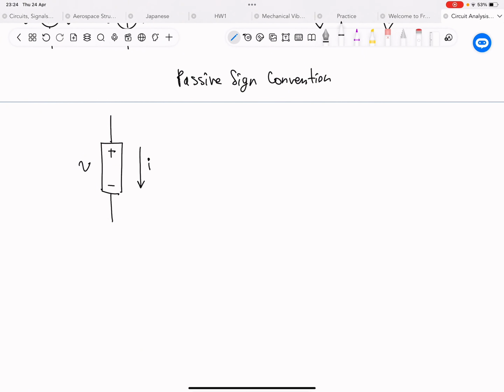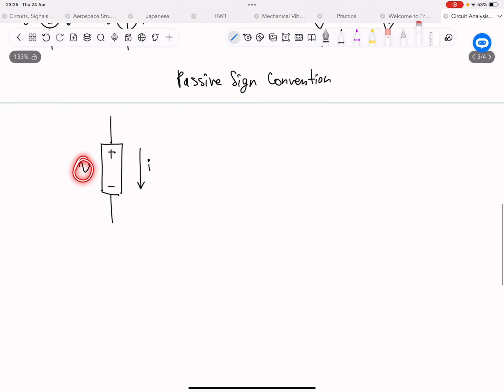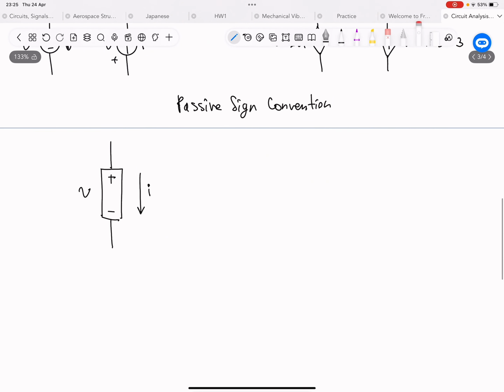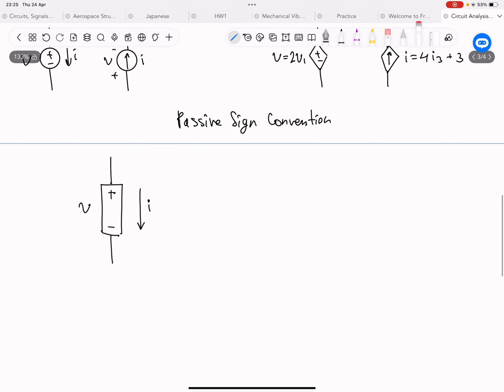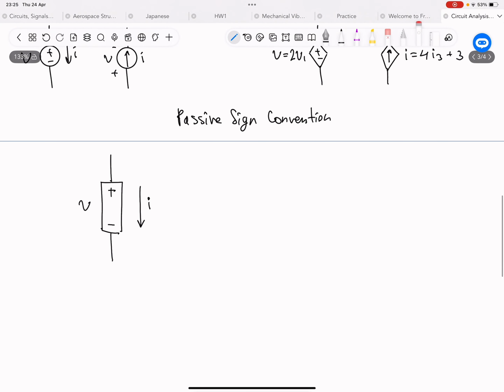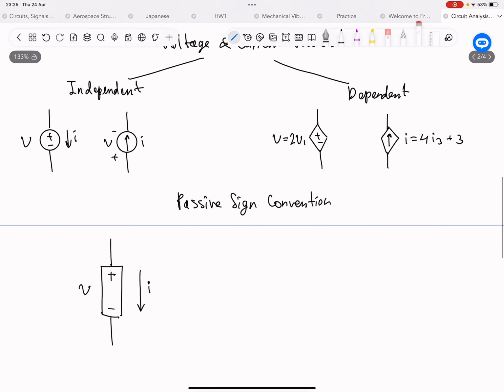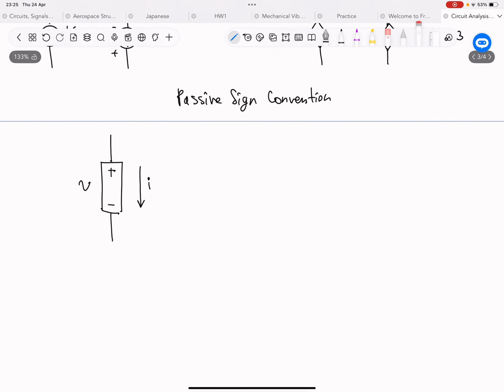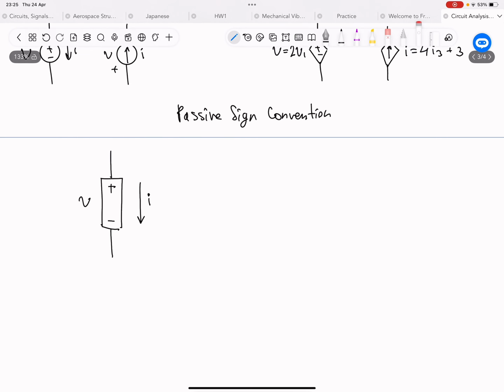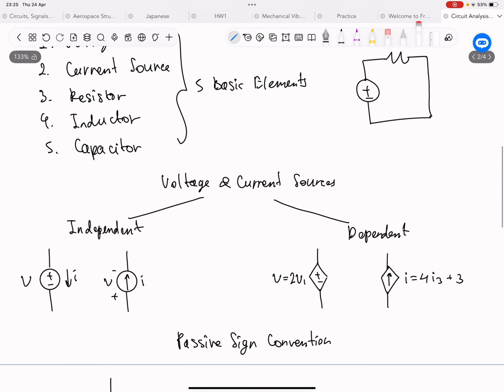We always assume current flowing in the direction of voltage drop. That's all passive sign convention consists of. It's not more complicated than that. In further lessons, when we solve examples, we'll always use passive sign convention, so you'll just get the hang of it.